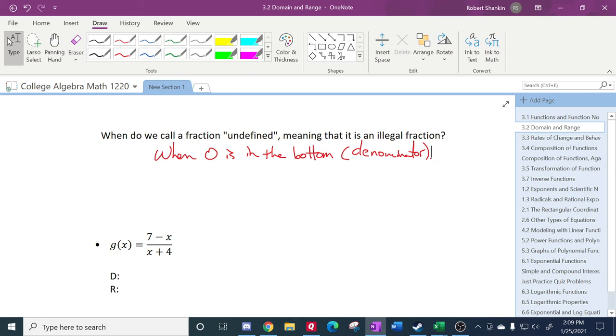Let me go to group 1. What is the domain on this one? Group 1.